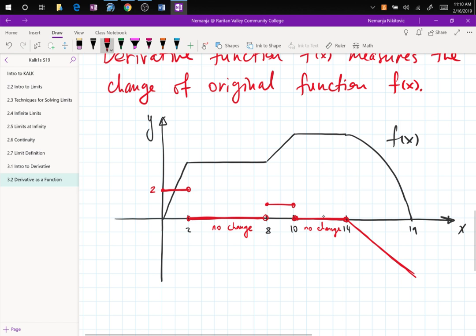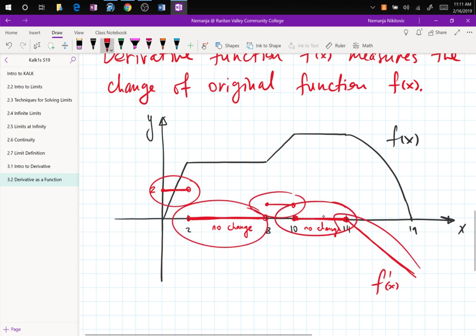So that's it. You have your f prime of x, all of this in red. It's a piecewise function, and that's okay. So we have an increase, then stand still, then another increase, stand still, and then the drop as we go on following the function.